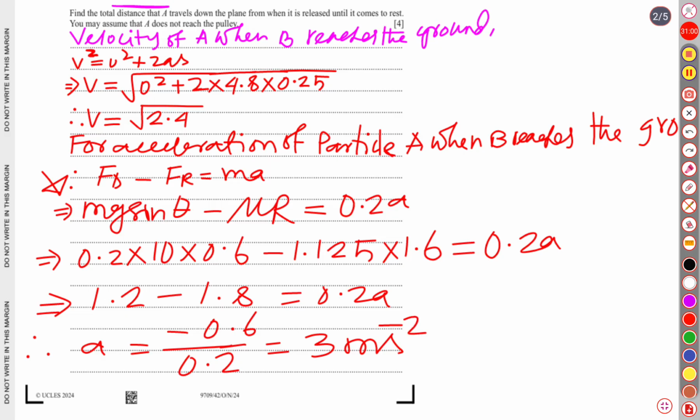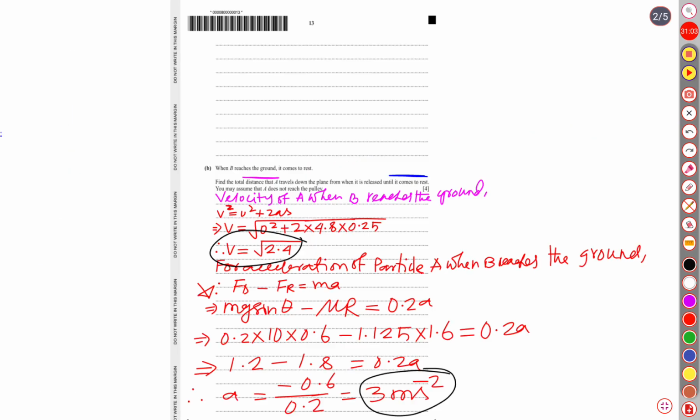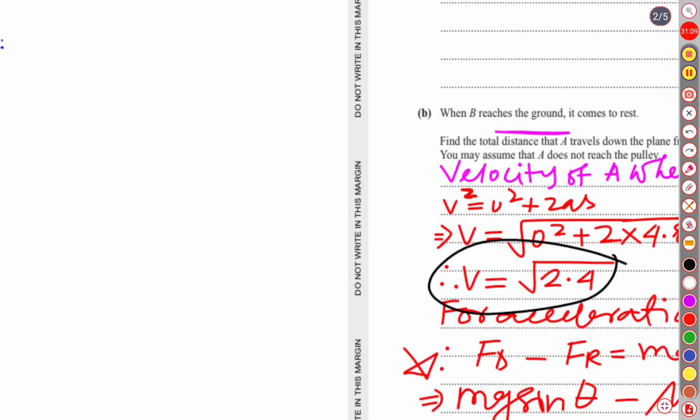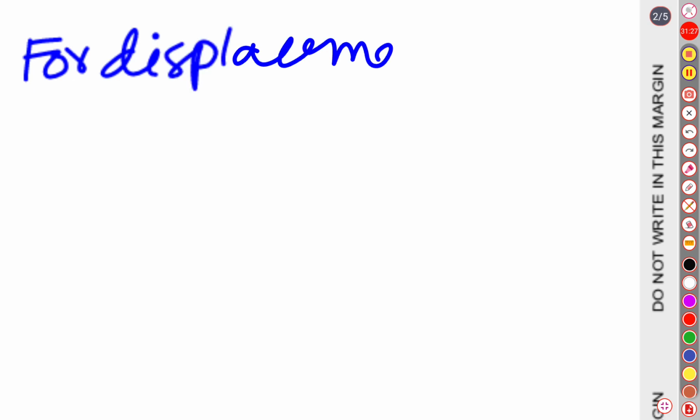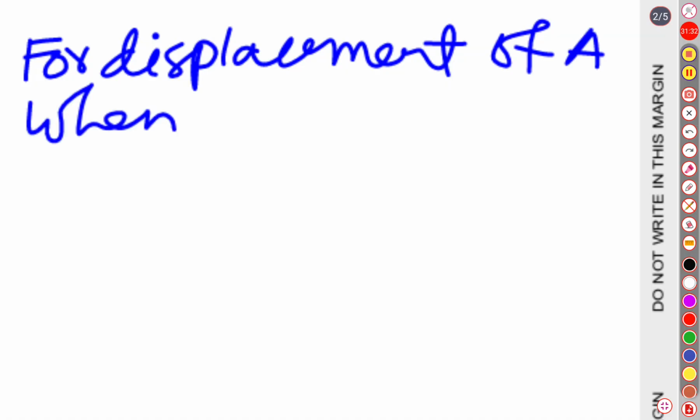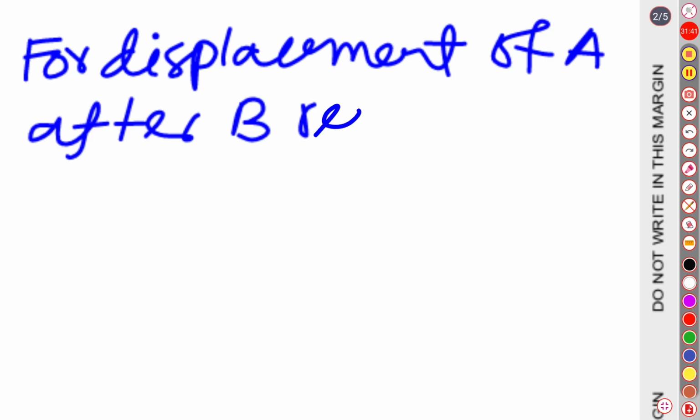Okay, now we have got the velocity. Let us write for the displacement of A after B reaches the ground.